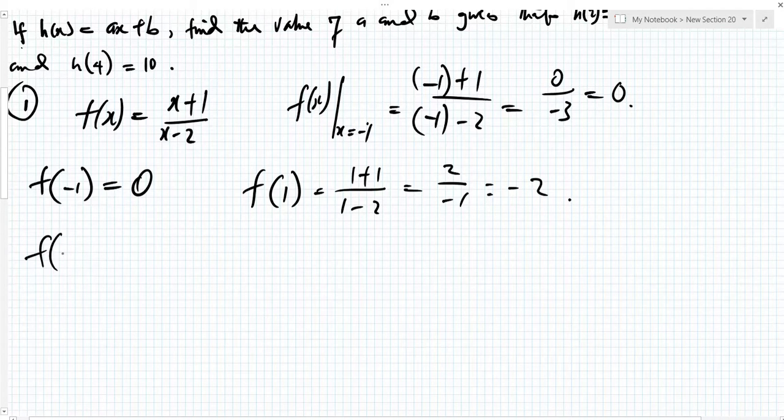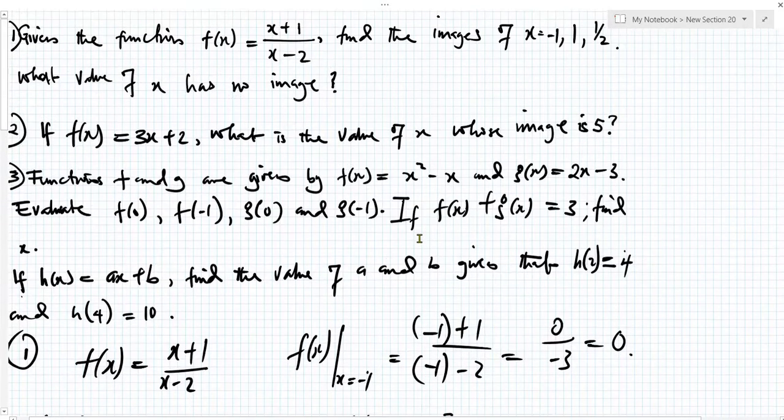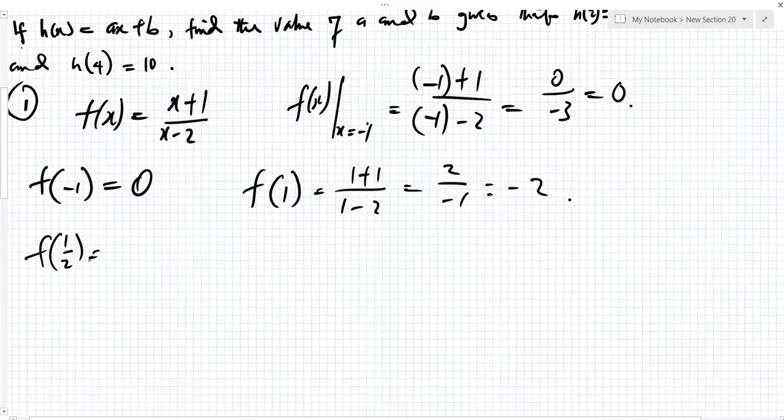So for f of half, wherever you see x, replace it with 1 over 2. So here you have 1 over 2 plus 1 all over 1 over 2 minus 2.